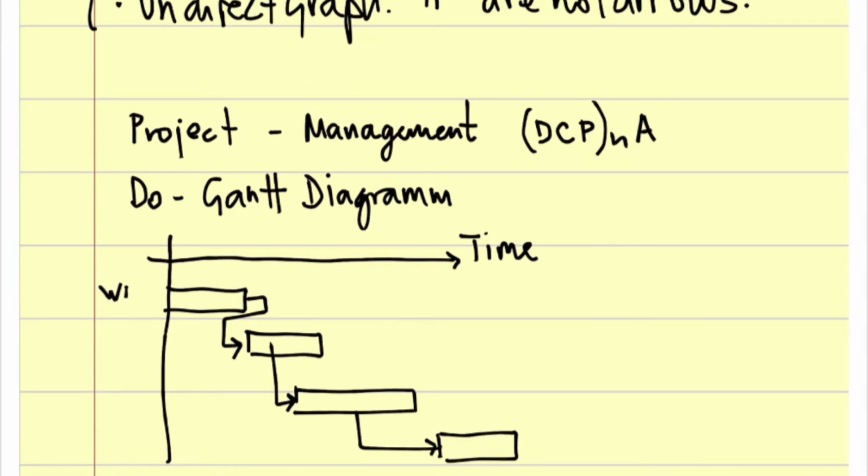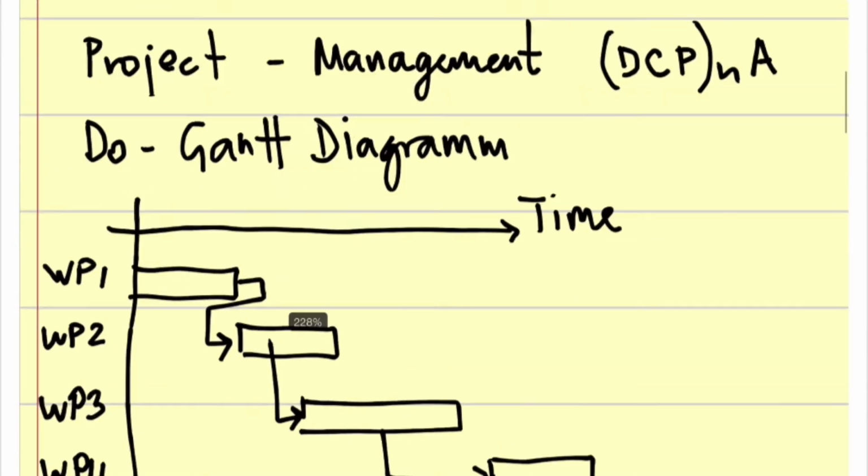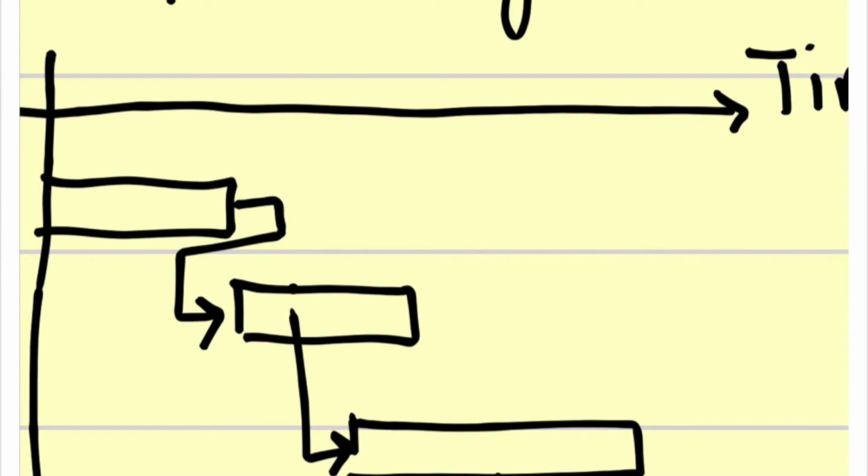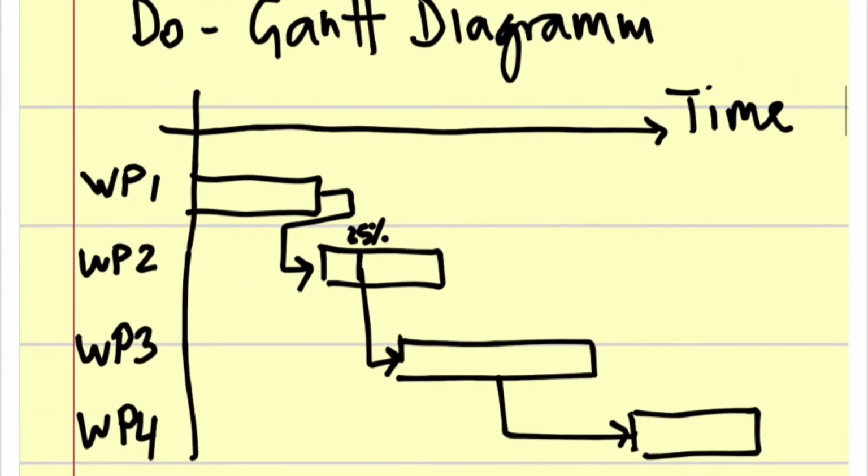Work package 1, work package 2, work package 3, work package 4, and so on. And this means that you need to be done 25% with work package 2 in order to start work package 3, for instance.